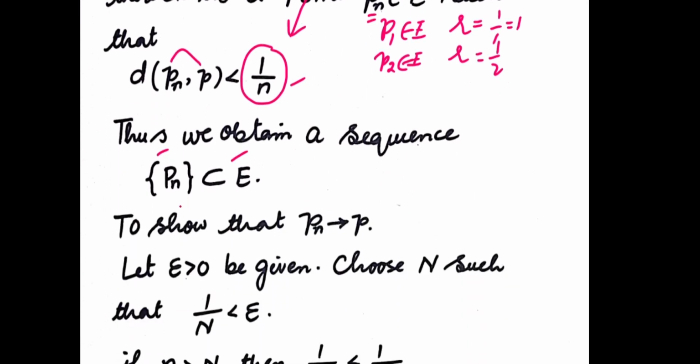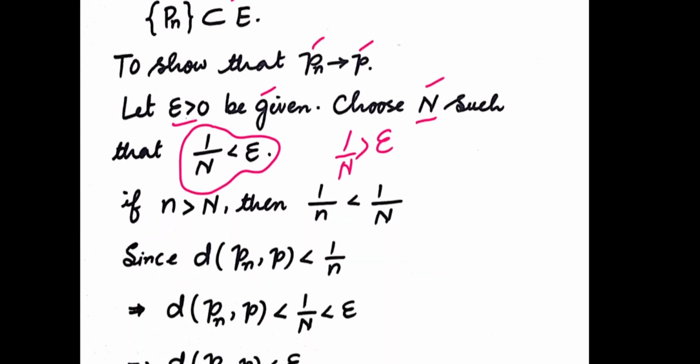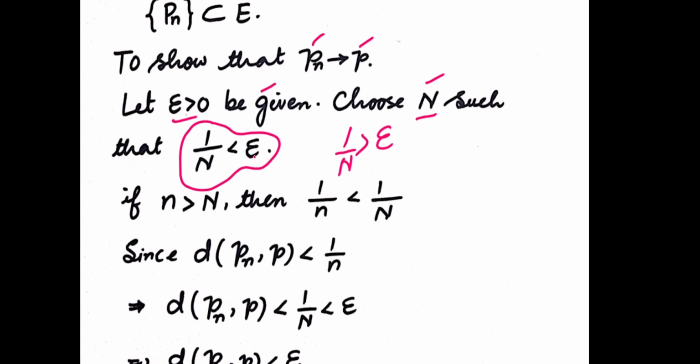Next, we show that this sequence Pn converges to the limit P. Let epsilon be greater than 0, a given number. We choose capital N such that 1 over N is less than epsilon. We cannot choose 1 over N greater than epsilon, otherwise it will not work here. So forcefully we will choose 1 over N less than epsilon.